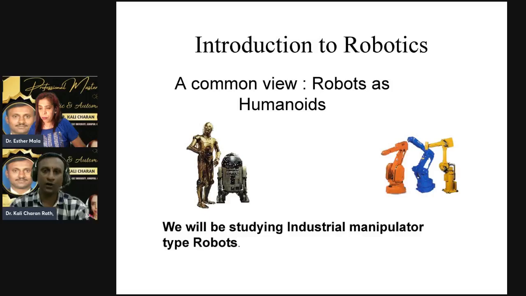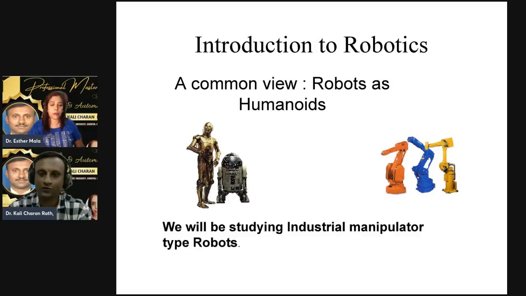In 1922, the author Karel Capek wrote a story in a drama known as Robota, meaning the worker. Based upon that, the term robot started from Robota. In 1954, George developed the first programmable robot, and it was executed.